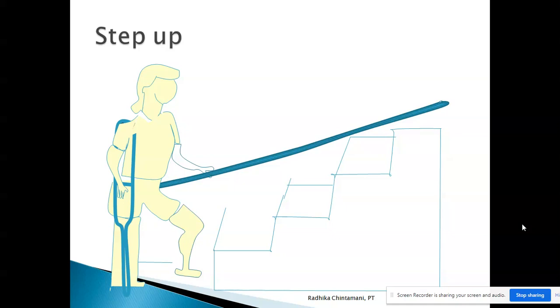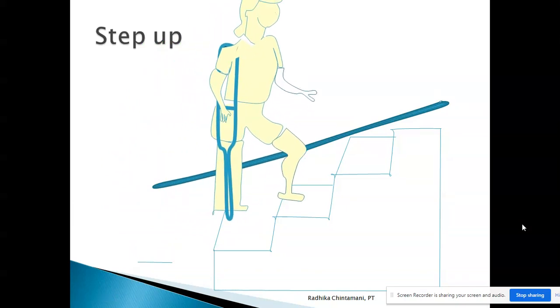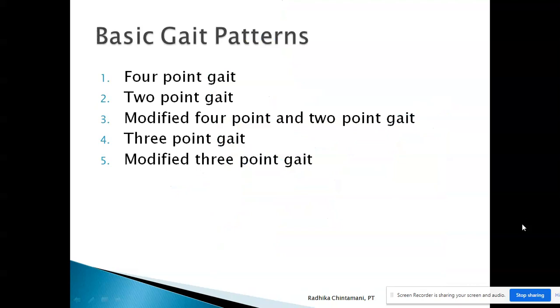She is not utilizing her affected leg to climb up, she is utilizing her unaffected leg. This is your step up. Step down is exactly the reverse of this, wherein the bad leg comes first and the good leg gets followed by it.